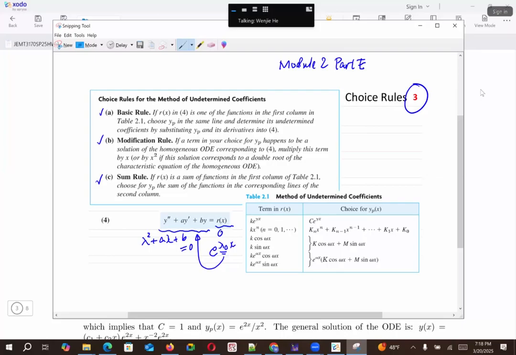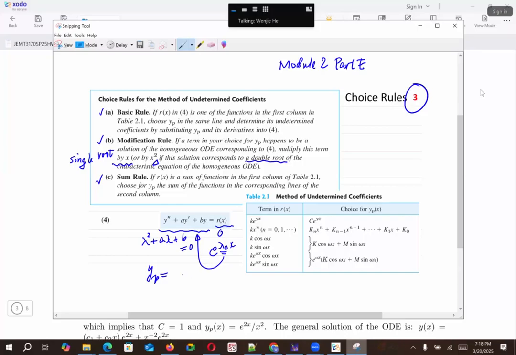One is a single root. If it's a single root, then you need to multiply by x. If it's a double root, you need to multiply by x squared when you choose yp.